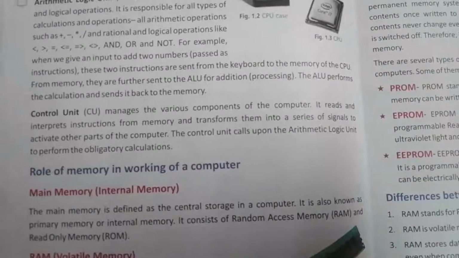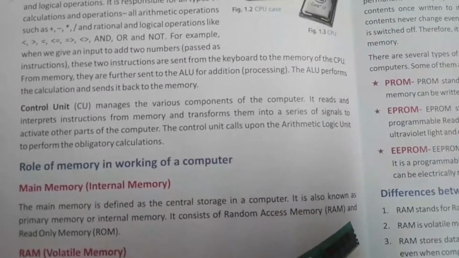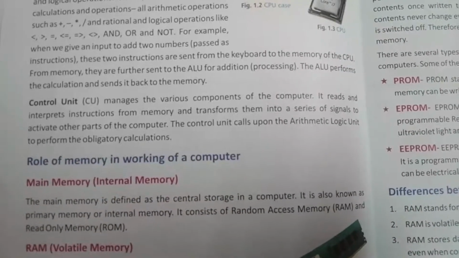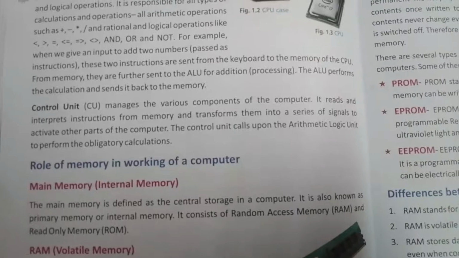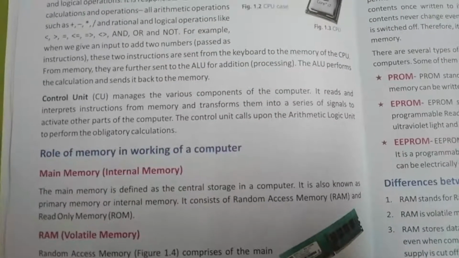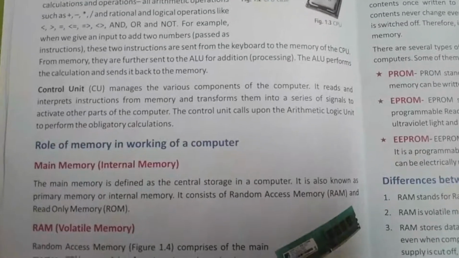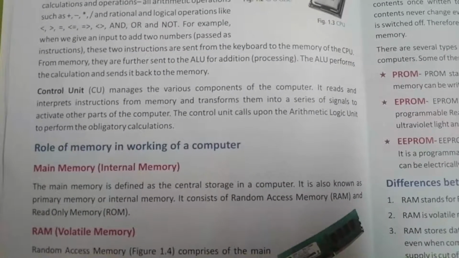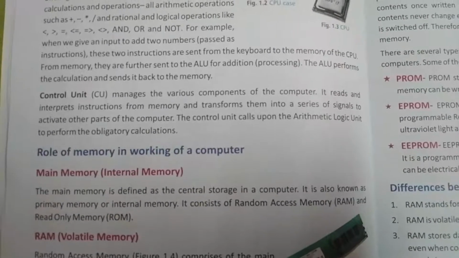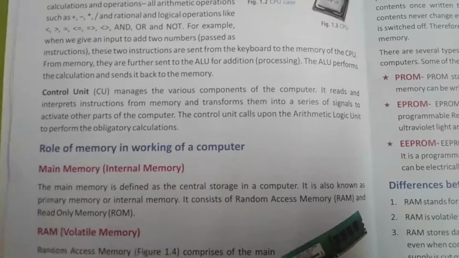The control unit manages the various components of the computer. It reads and interprets instructions from memory and transforms them into a series of signals to activate other parts of the computer. The control unit calls up the arithmetic logic unit to perform the obligatory calculations.